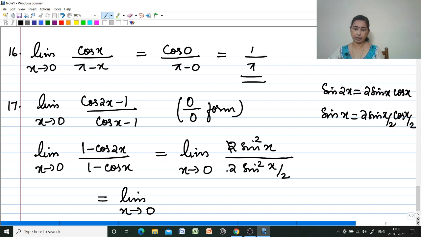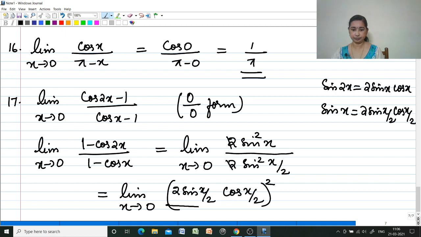So here the 2 gets cancelled. Remaining limit x tends to 0. Instead of sin x, we can write it as 2 sin x by 2 into cos x by 2, whole square, whole divided by sin square x by 2.